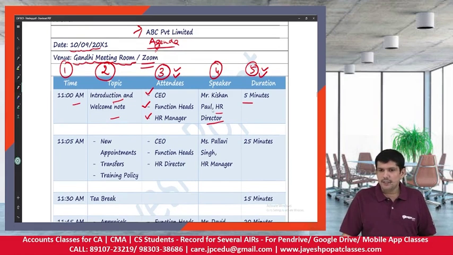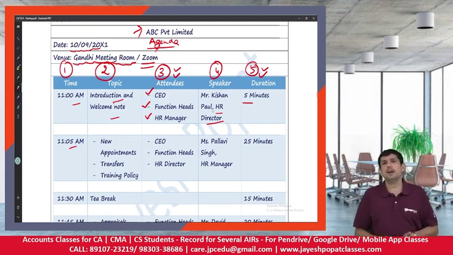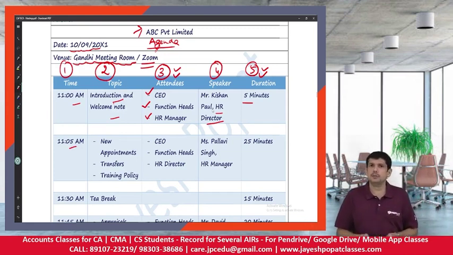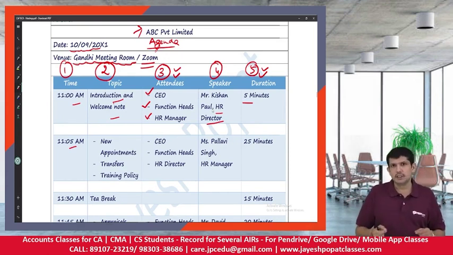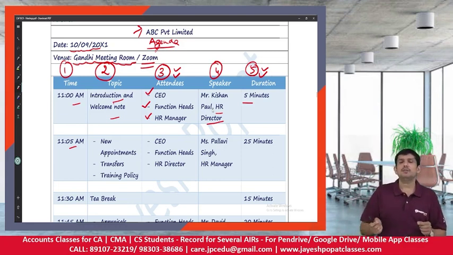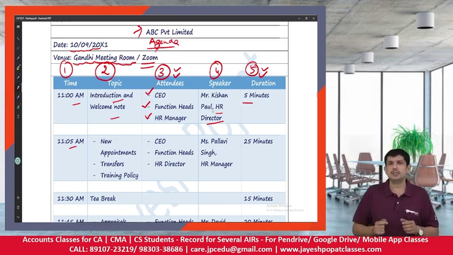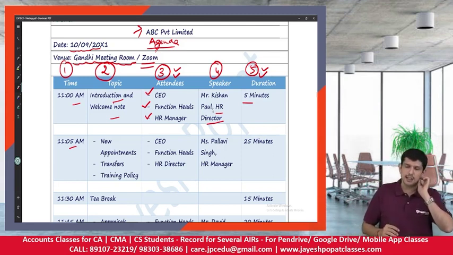Then after 5 minutes, which is 11:05 a.m., right, there will be certain matters which will be discussed. So now if we talk about staff related matters, the common things which would come into our mind are new appointments or new recruitments, and there will be promotions, transfers, increments, bonus, staff related issues, staff welfare issues, etc. So we have to divide these in various slots and the discussions will take place.